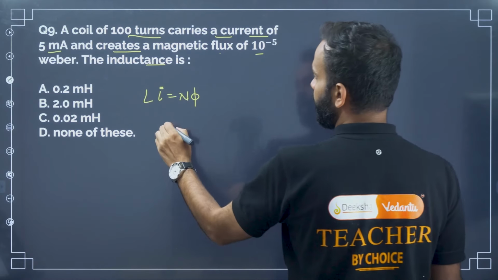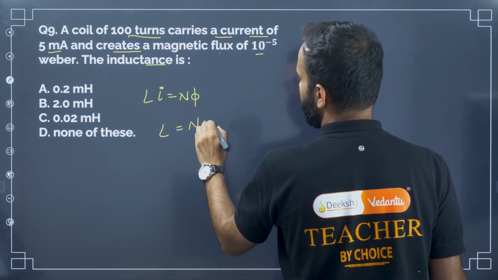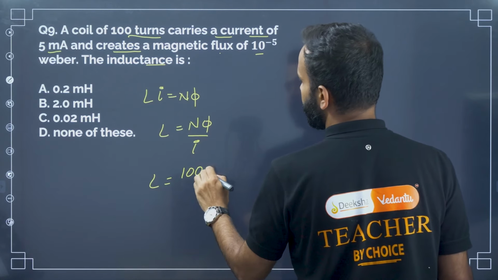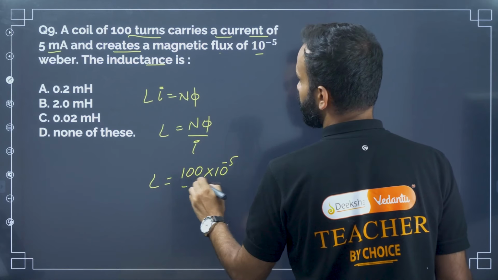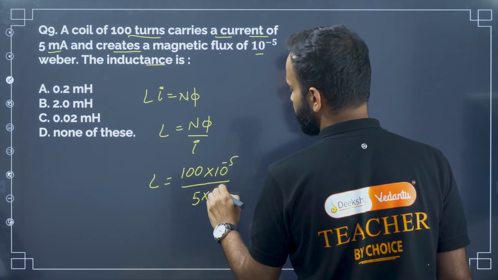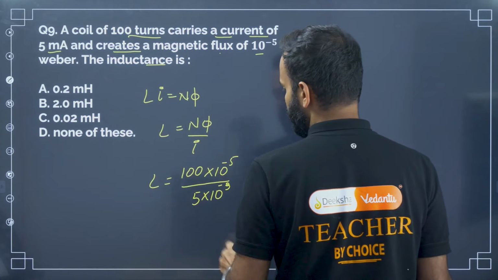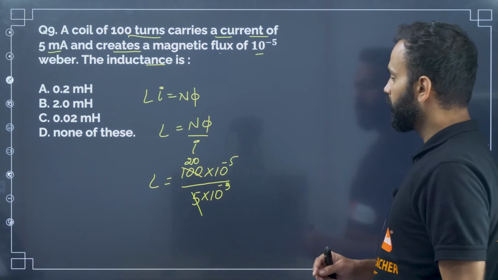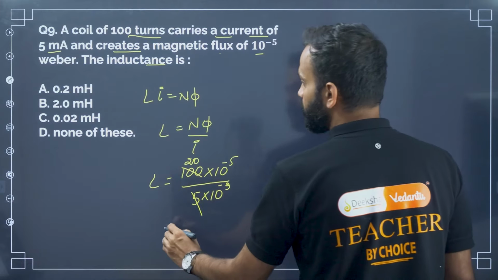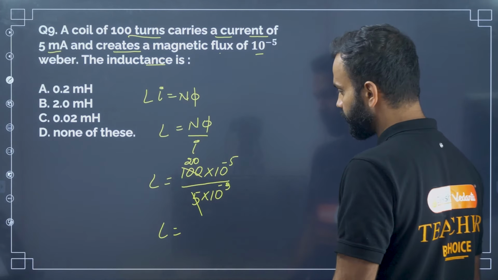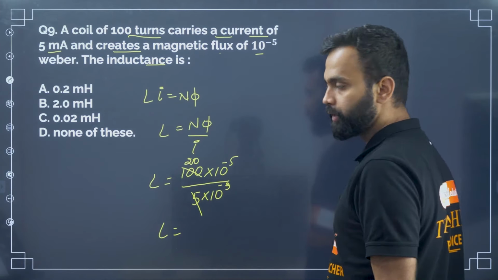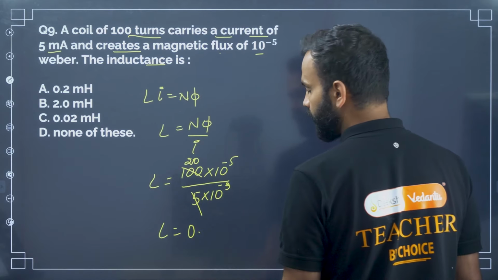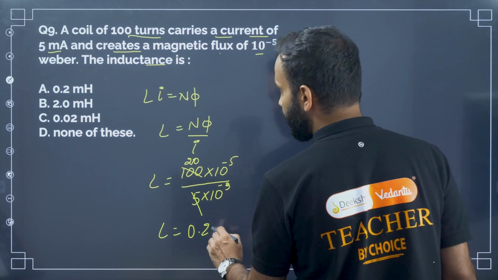So we need to find L. L equals N phi divided by I. N is 100, phi is 10 to the power minus 5, and I is 5 into 10 to the power minus 3. So 5 20s are 100, and 10 to the power minus 5 by 10 to the power minus 3 is 10 to the power minus 2. So L is equal to 20 into 10 to the power minus 2, which is 0.2 Henry.